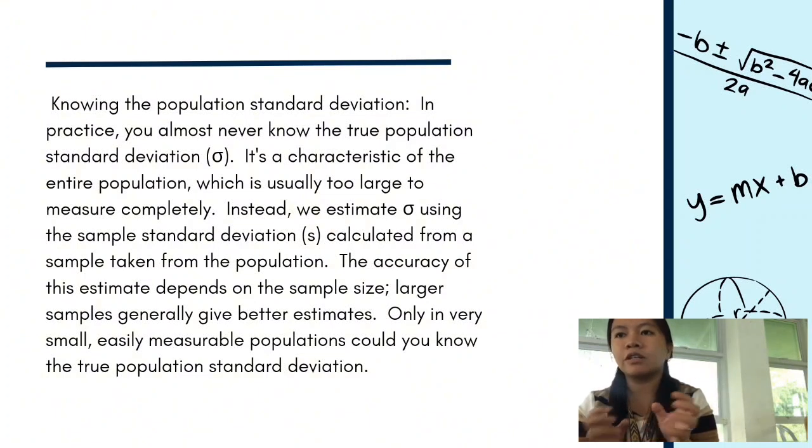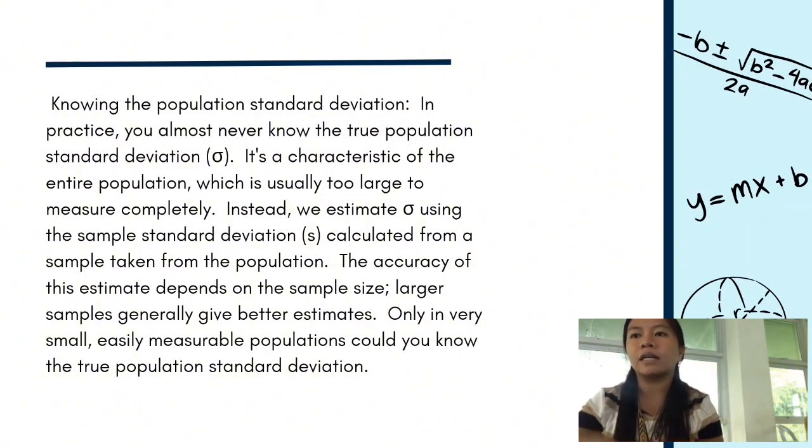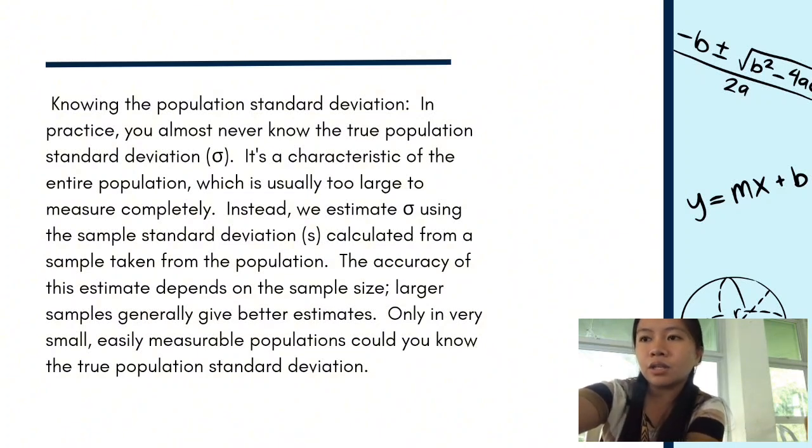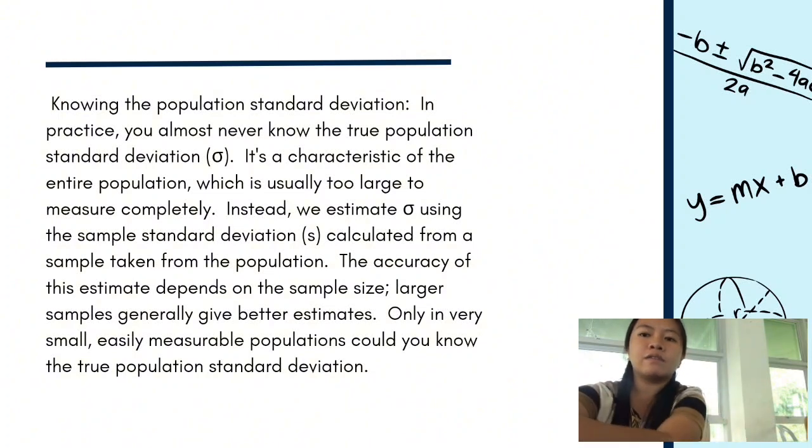Larger samples generally provide a more accurate estimate. Only for a very small and easily measurable population can we truly know the actual population standard deviation. Otherwise, we rely on our sample to make the best estimate. So that's all about knowing the population standard deviation.